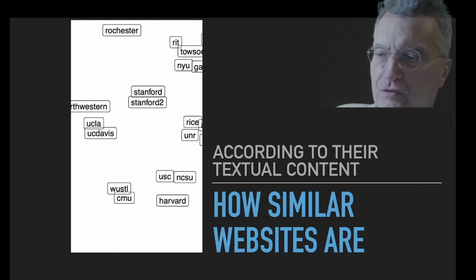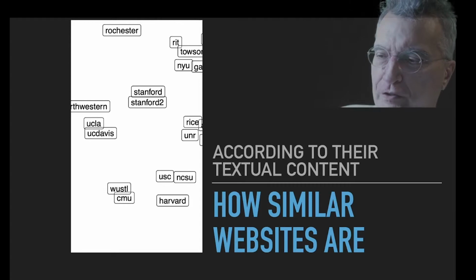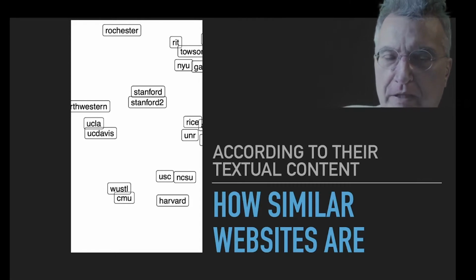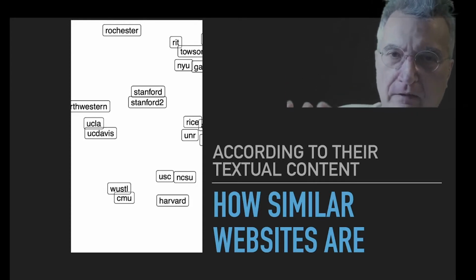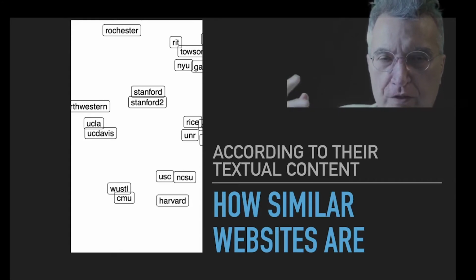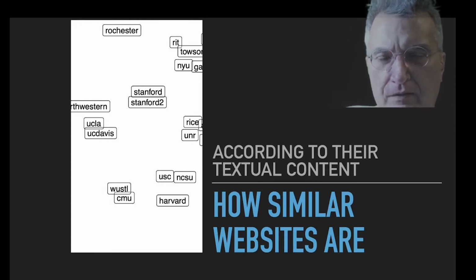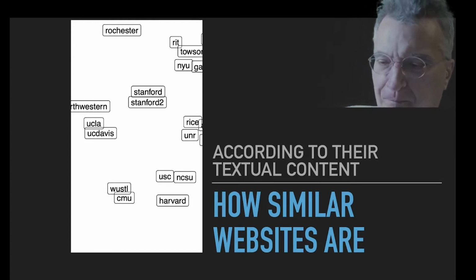Notice Washington University of St. Louis and Carnegie Mellon have very similar websites, so I would look at them together. If I have to analyze these websites, I would look at them in clumps, in groups, in clusters, rather than just one at a time and then saying, hey, didn't I see that before?